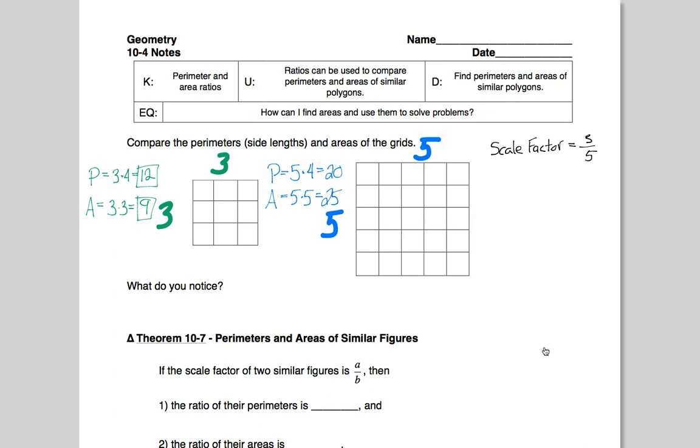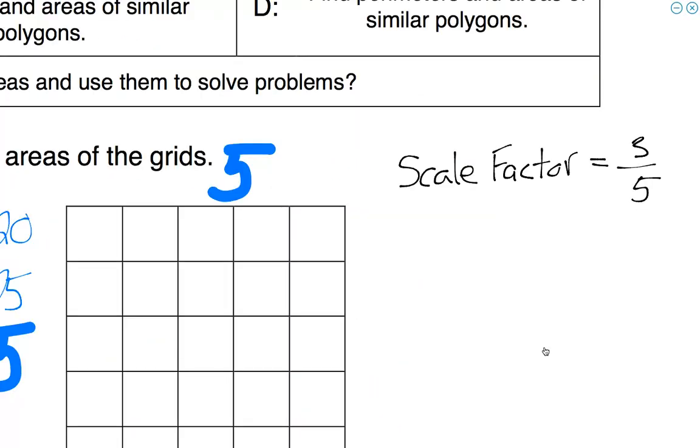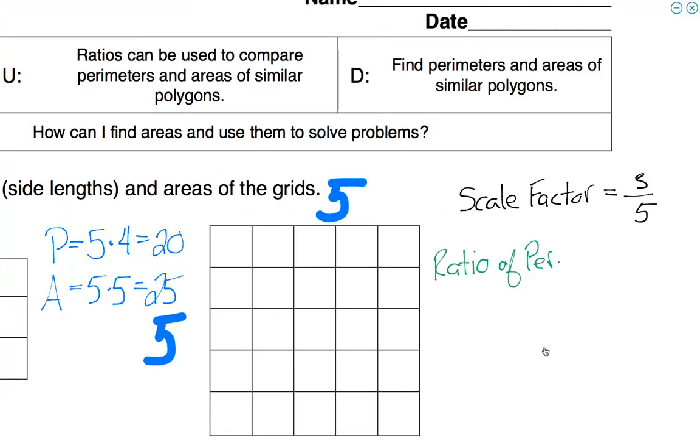If we look at the ratio of the perimeters, we're going to get 12 over 20.